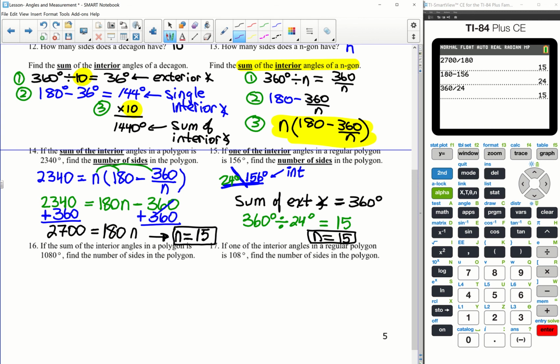All right, sum of the interior angles of a polygon. So same idea as number 14. So we could use this other approach. So 1080 would be equal to, now if you're anything like me, you're always looking for the shortcut, while also understanding the concept.